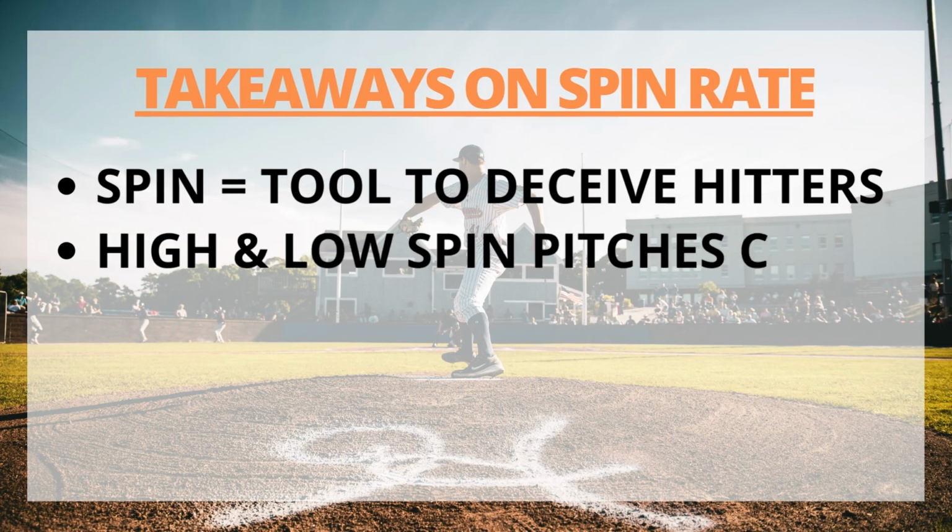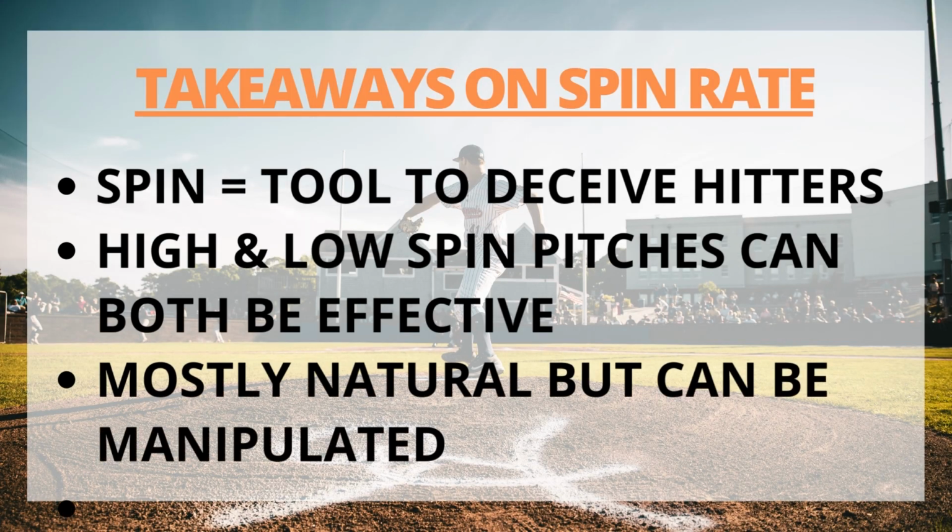We've talked to a lot of experts about what spin rate exactly is and the different nuances of it, but before we end this video, I'm going to leave you with a couple takeaways and simplify it a little bit more. The most important thing to take away is that spin is basically just a tool to deceive hitters. When it comes to high spin and low spin, you might think that high spin is more important and leads to better pitches, but that's just not true.